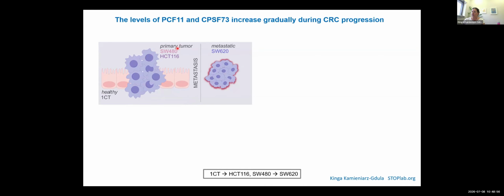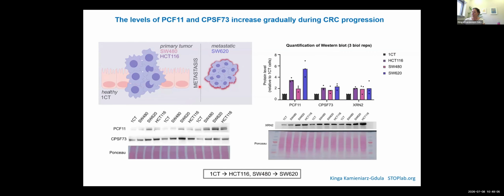Actually those 2 paired cell lines were our main workhorse, but we also looked at those other ones. And what was really nice is that those cell lines recapitulated the increased levels of processing and termination factors in cancer compared to normal tissue, which was also seen in biopsies from patients.